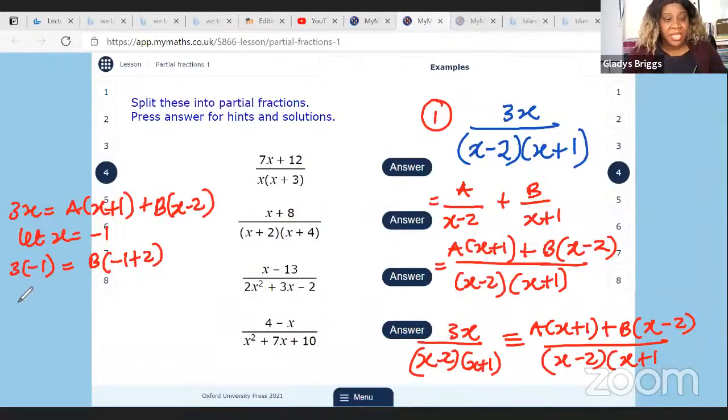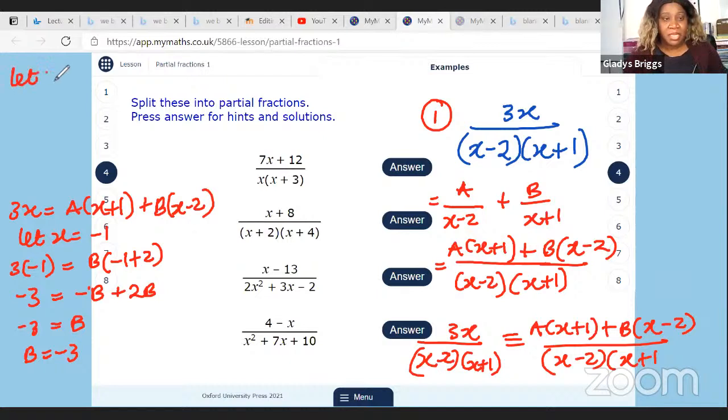-3 is equal to negative b minus 2b, which is -3b... so -3 equals -3b, giving b equals 1. Now you do the same thing.